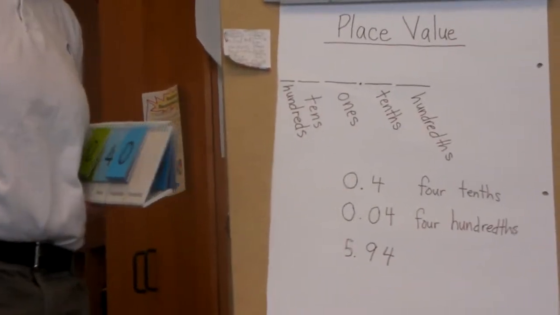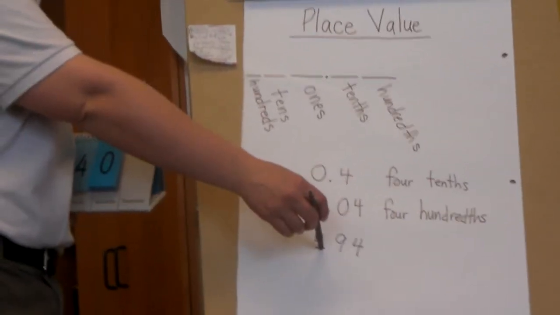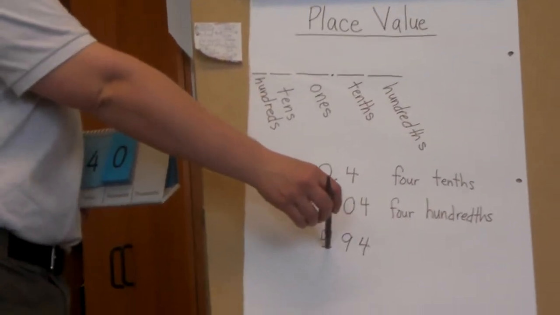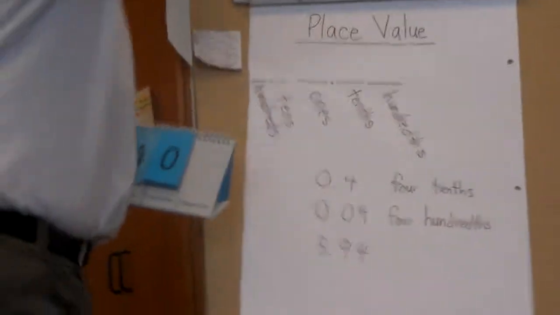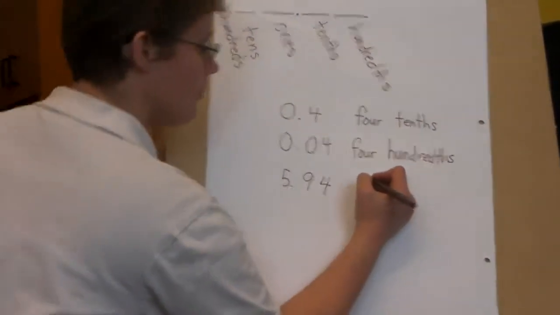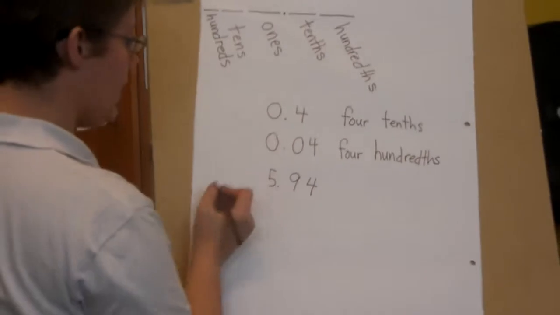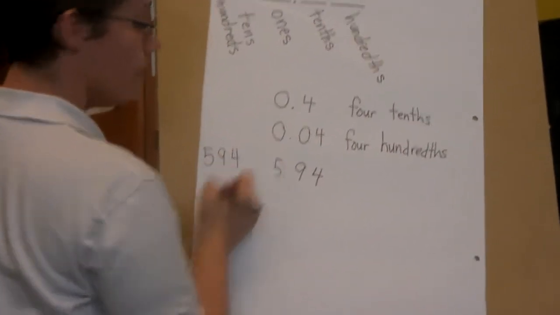Raise your hand if you have an idea of what this would be. I won't call on you. Raise your hand if you want to try to answer it. 594. Okay, if we had it like this, this would be 594.